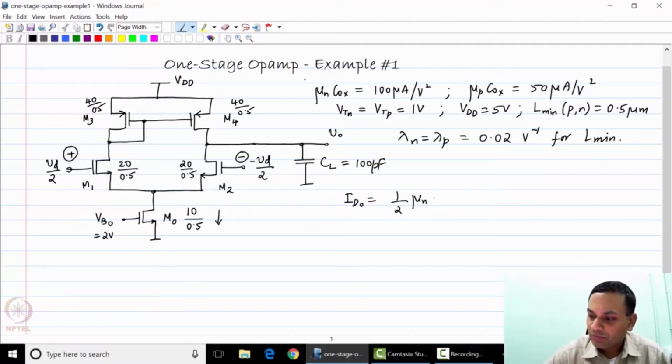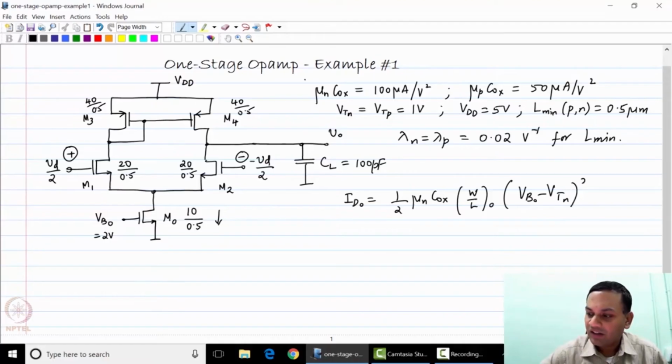ID0 is half mu N Cox W over L into VB0 minus VTN the whole square.